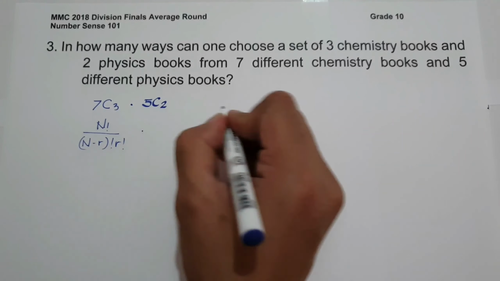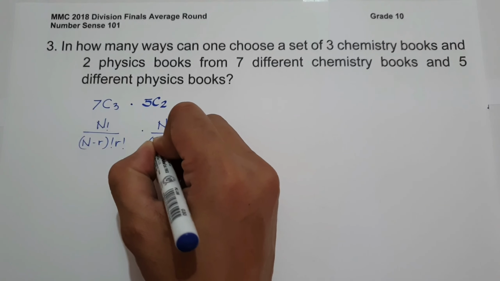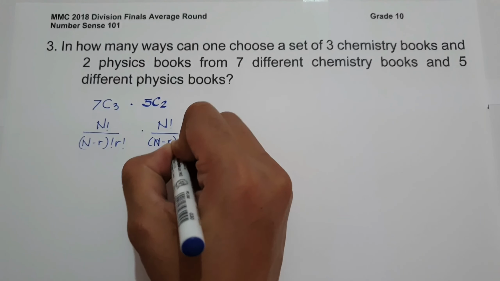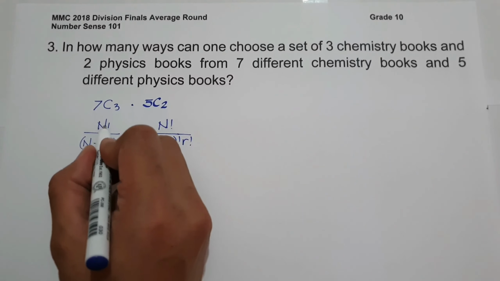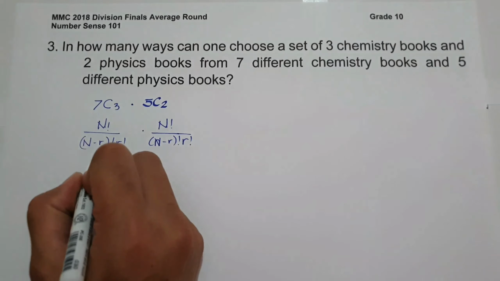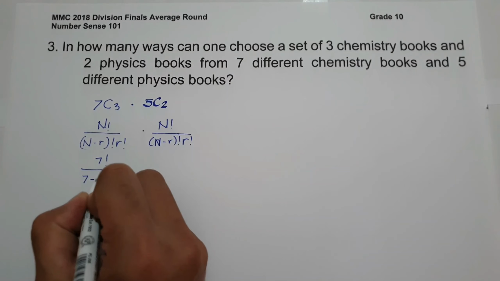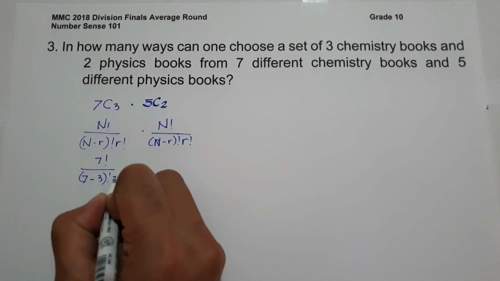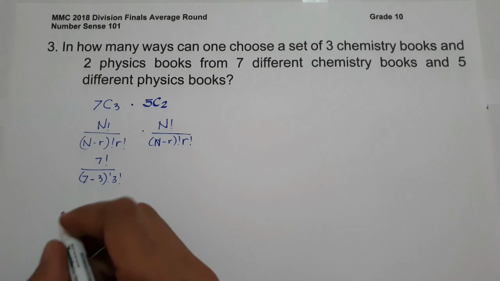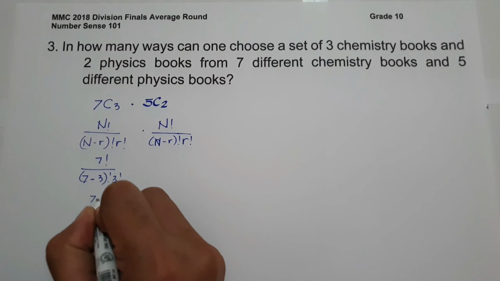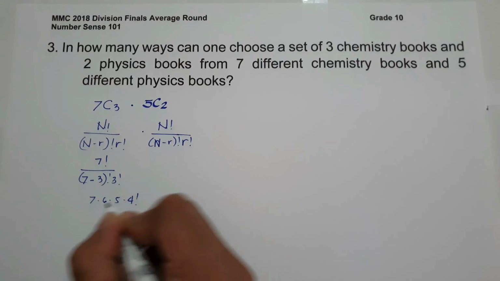So let us write this on the other side: n factorial over n minus r factorial times r factorial. Let us simplify. n will be 7 factorial over 7 minus 3 factorial times 3 factorial. 7 factorial is 7 times 6 times 5 times 4 factorial.